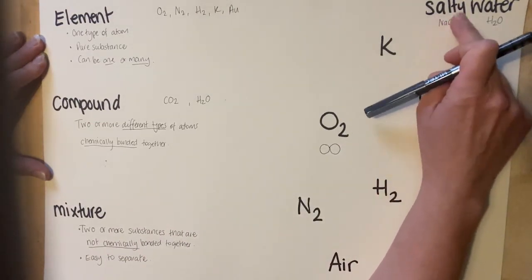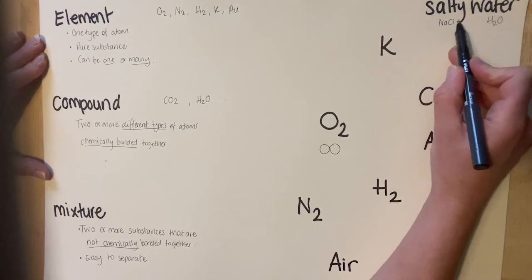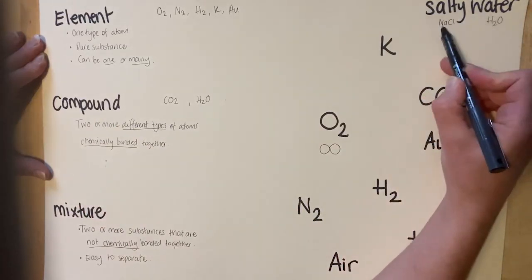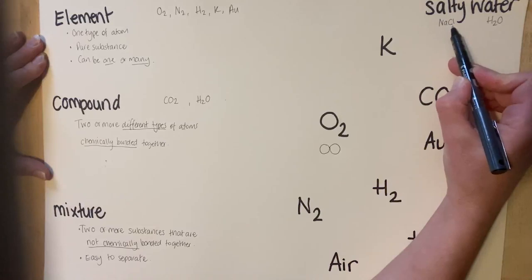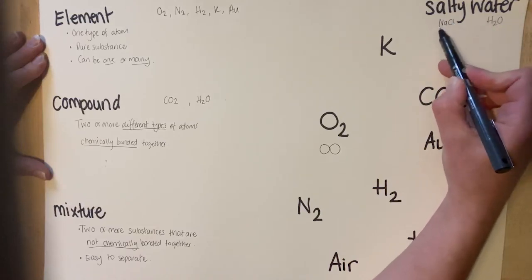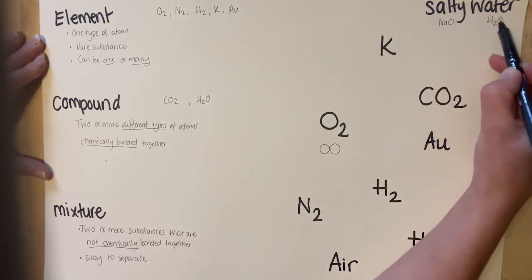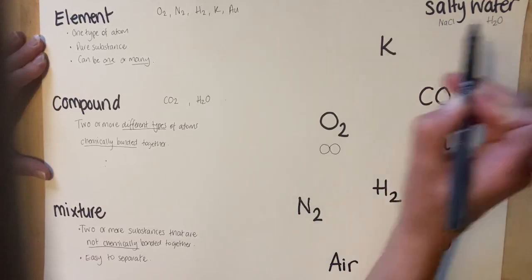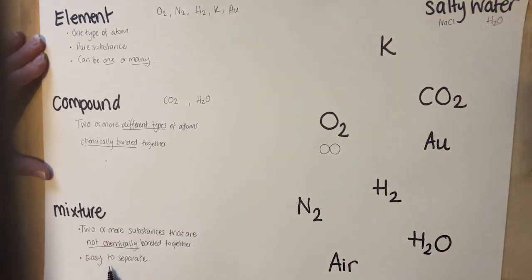H2O is a compound, two or more different types of atoms, chemically bonded themselves, but this is not chemically bonded to this, which means that it fits the description of a mixture.